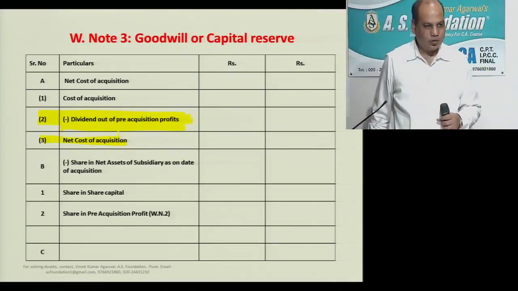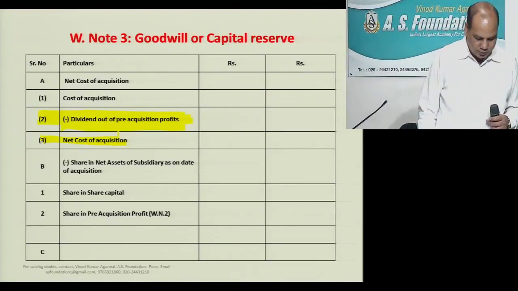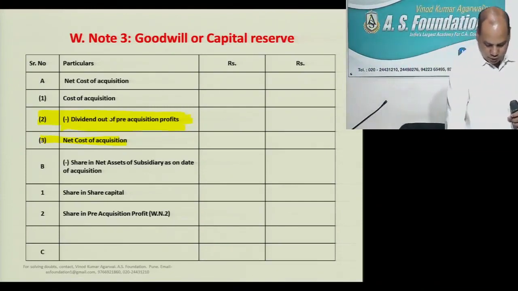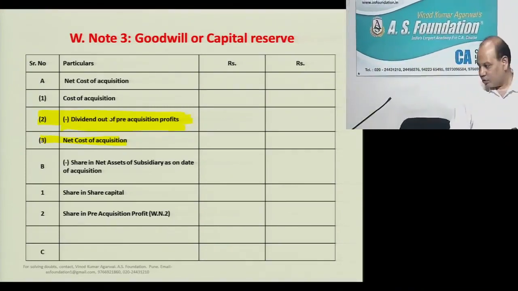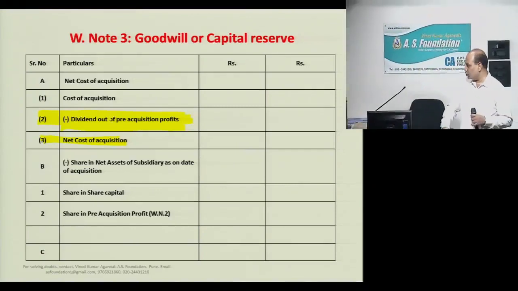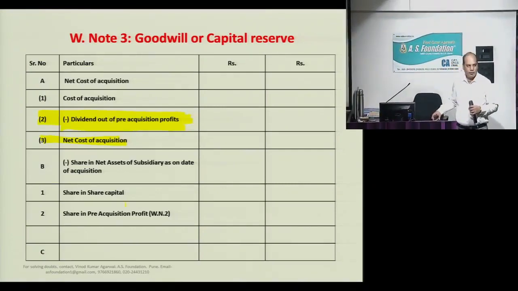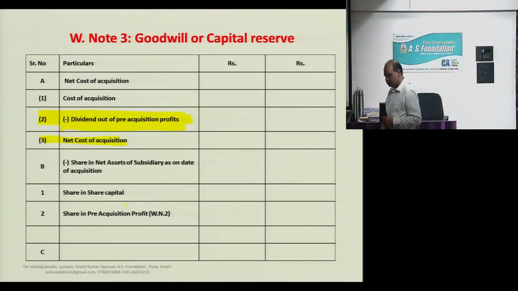So draw working note 3, goodwill or capital reserve. Then after that you draw working note 4 yourself, 5 yourself. 4 and 5 over. Can we start now?